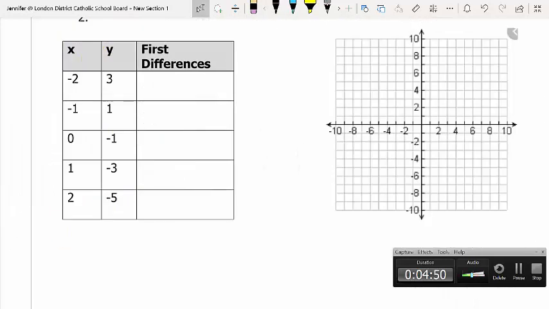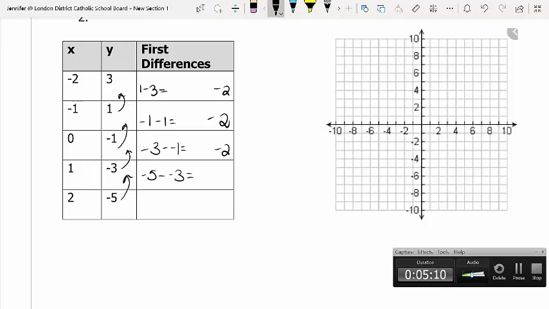Let's try this one, example 2. Calculate the first differences. So take the second y value and subtract the one above it. Okay, so the first differences all ended up as -2.